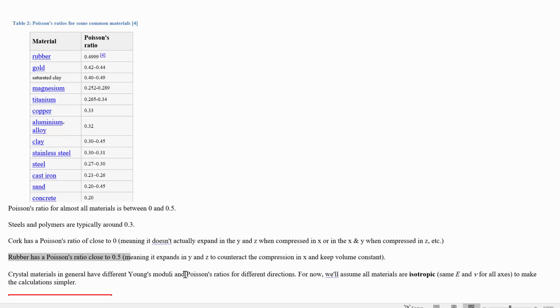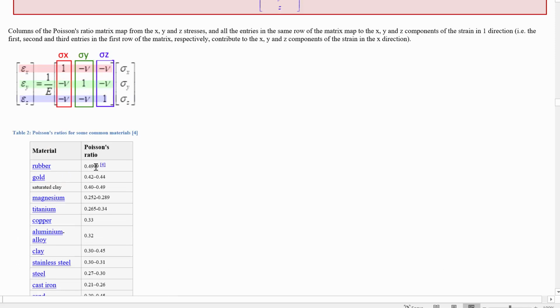A water balloon has a Poisson's ratio of pretty much 0.5. It perfectly preserves volume, but doesn't resist shape changes. So you push on it in one dimension, it'll compress in that dimension, yes, but it'll expand by the same amounts that it compressed by in the other dimensions in a way that preserves volume. To do that, it needs to have a Poisson's ratio of 0.5, not 1, right?